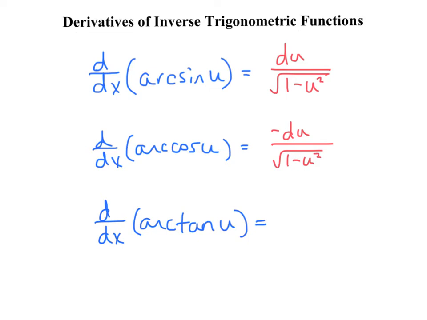So that should hopefully help with the memorization of those two. What about the derivative of arc tan u? That is du over 1 plus u squared. You'll notice that that one looks a little bit different because it does not have the square root. So that might be the way to differentiate that one from the other 2 formulas.